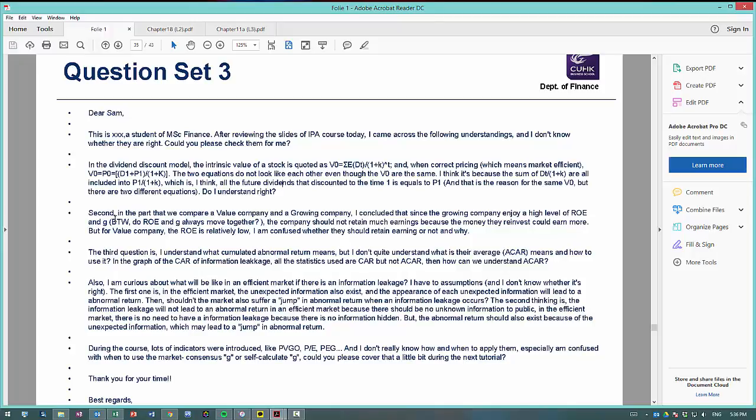According to the formula that I'm about to show you, yes, they do. The company should not retain much earnings because the money they reinvest could earn more. But for a value company, the ROE is relatively low. I'm confused whether they should retain earnings or not.